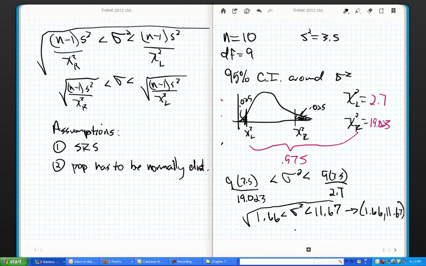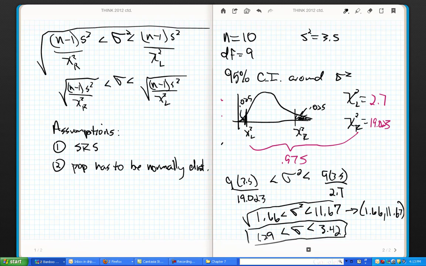So I know that sigma, according to this confidence interval, is going to be the square root of 1.66, which is 1.29, and the square root of 11.67, which is 3.42. My standard deviation in a 95% confidence interval is going to be between 1.29 and 3.42. I can be 95% confident, but if I do this a whole bunch of times, I'm going to end up with these values.